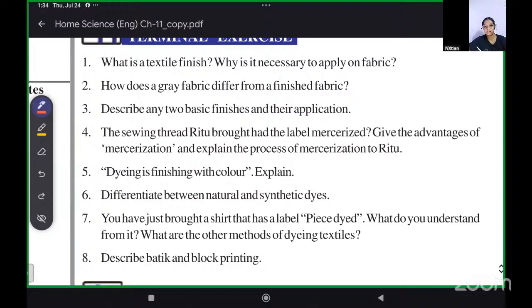Yes, Michael. Textile finish. Come on, guys.